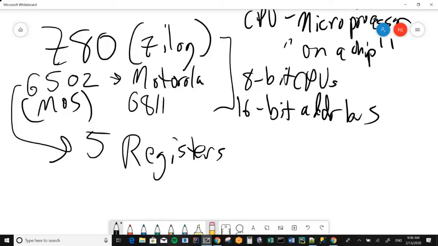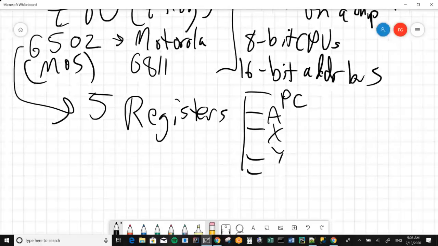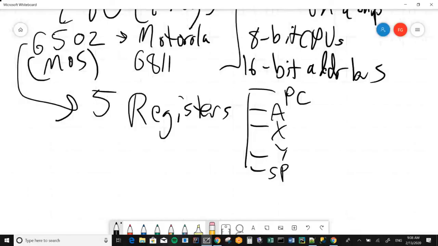The processor I was using was a Motorola 68HC11, a special embedded controller version of that chip, and programming it was extremely similar to the 6502. So it had 5 registers: a program counter, then A, X, and Y registers, and then a register called SP.